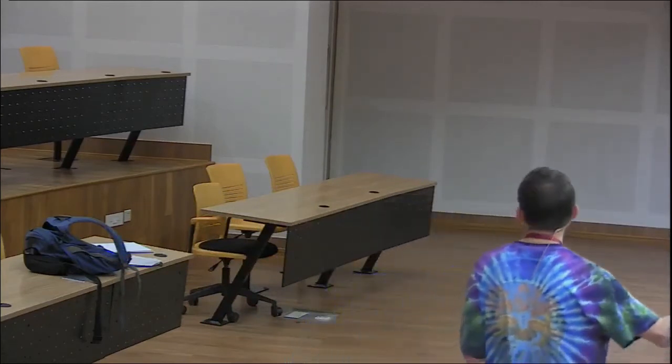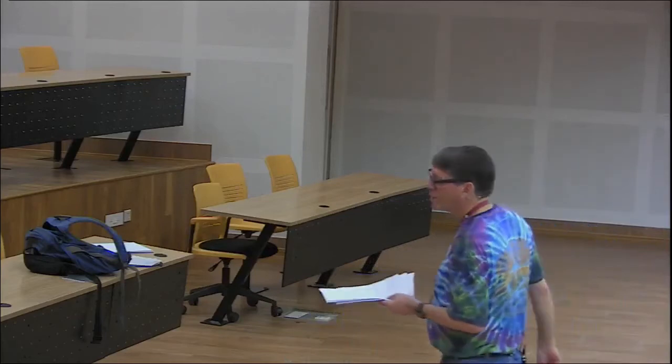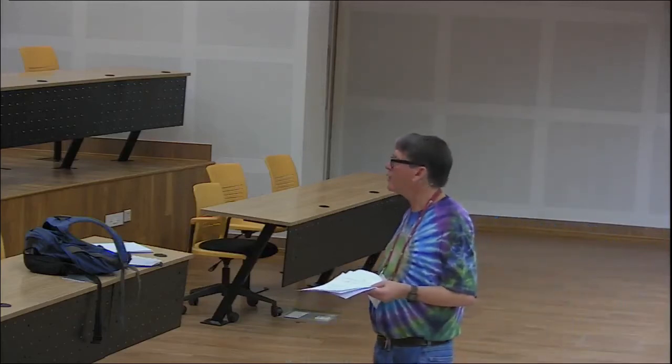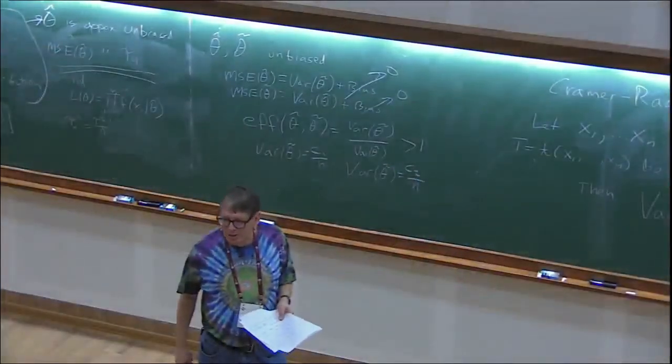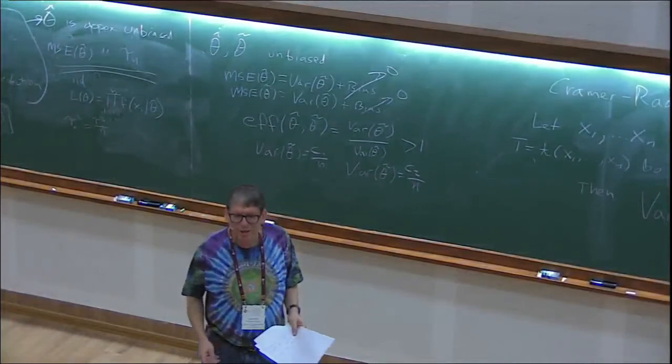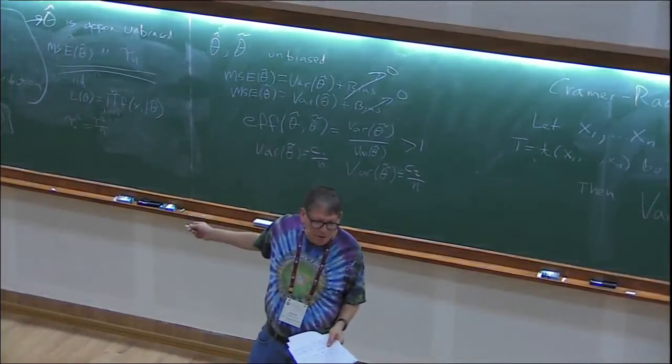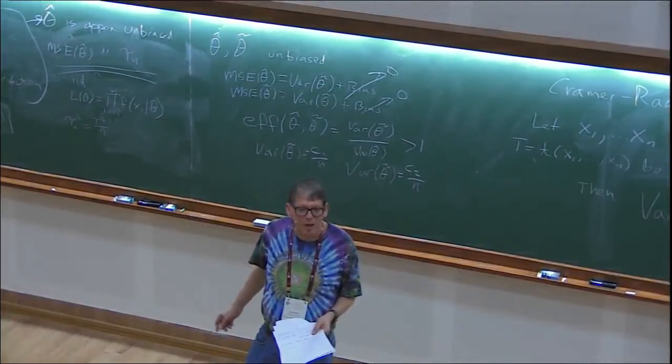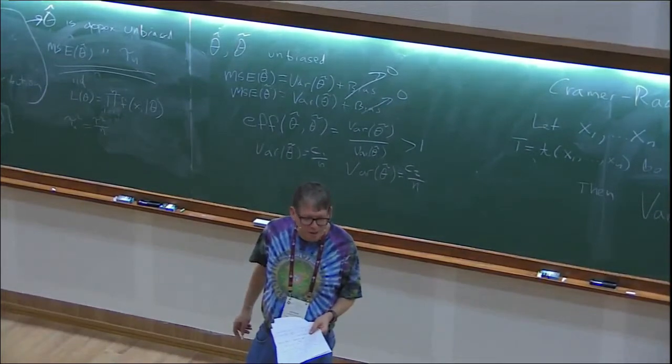What the Cramer-Rao inequality is telling us is that that's actually the best we can do. If you had any other estimator that was unbiased, you could not possibly get a tighter variance than you get from the MLE.